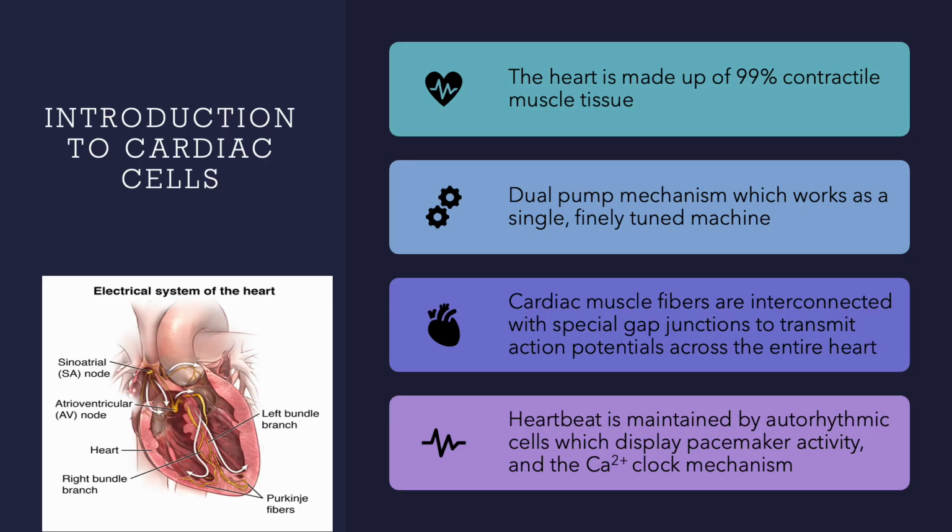Just to briefly provide some background, the heart consists of two primary tissue types. We have the electrical system of the heart, which provides the initial neural pacemaker activity, and this consists of the sinoatrial node, which is here, and the atrioventricular node, right there, which extend through these little bundles called the bundles of His, which are right here, and into these special fibers called the Purkinje fibers around the left and right ventricles.